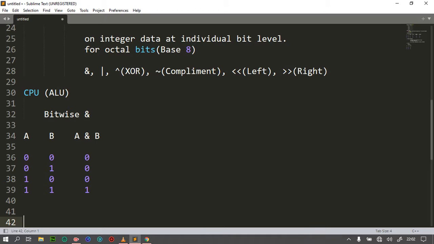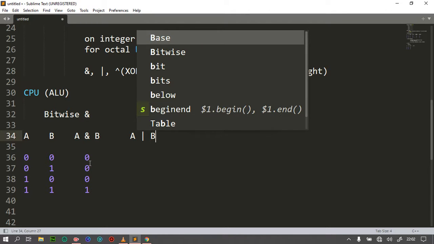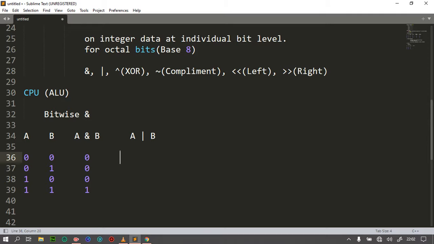Now once again, let's look at what we call the bitwise OR. In the bitwise OR, we shall take the same concept. We shall have A OR B, that is bitwise OR. So what is the concept there?